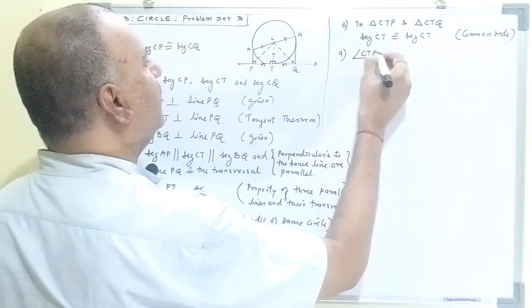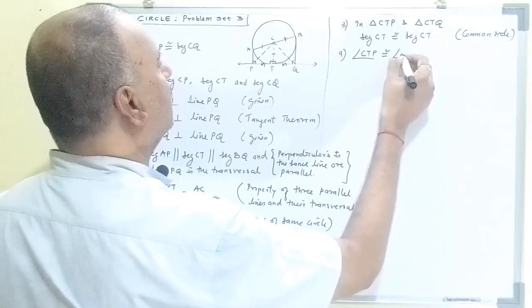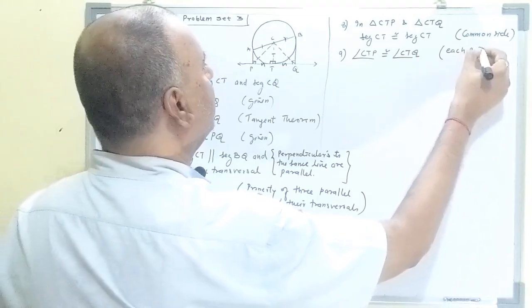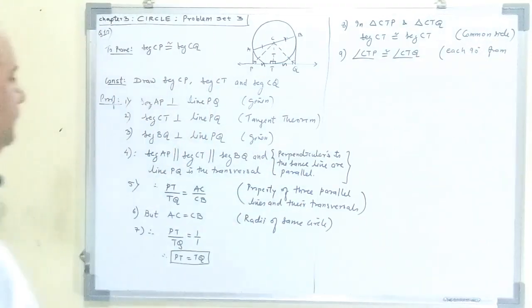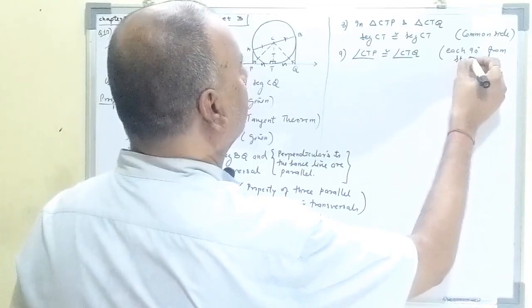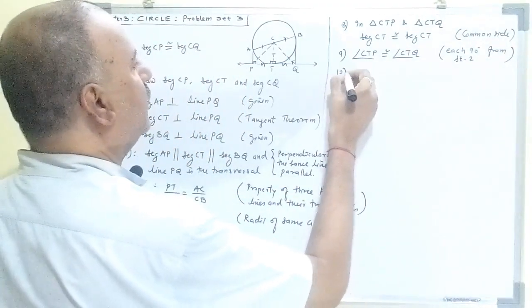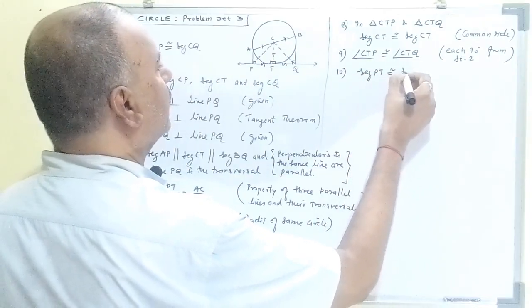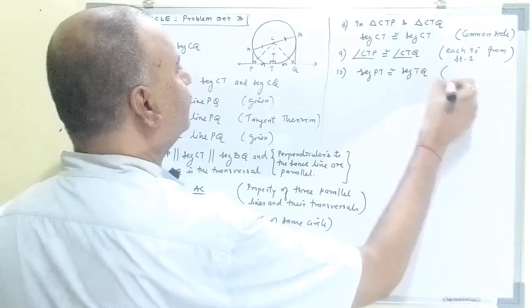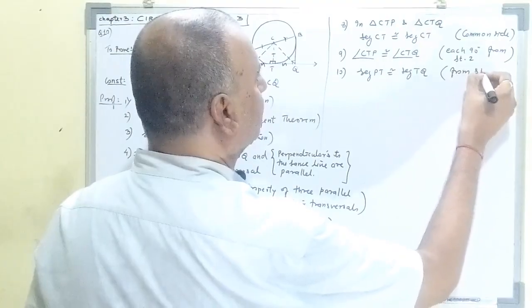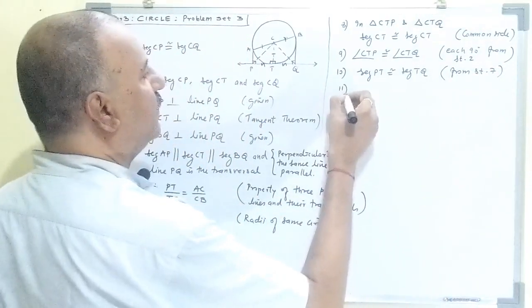Angle CTP congruent angle CTQ, each 90 degrees from statements 2 and 10. Seg PT congruent seg TQ, from statements 7 and 11.